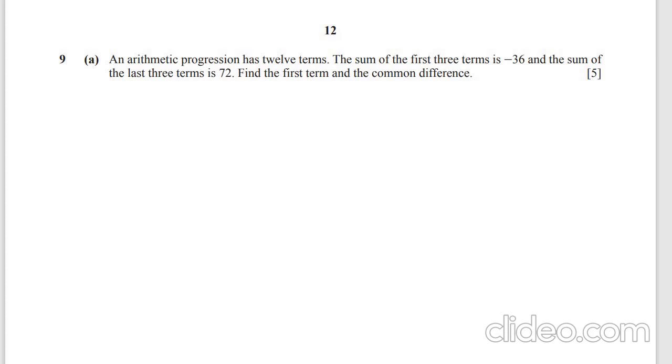So here we have an arithmetic progression that has 12 terms. The first 3 terms, their sum is negative 36.